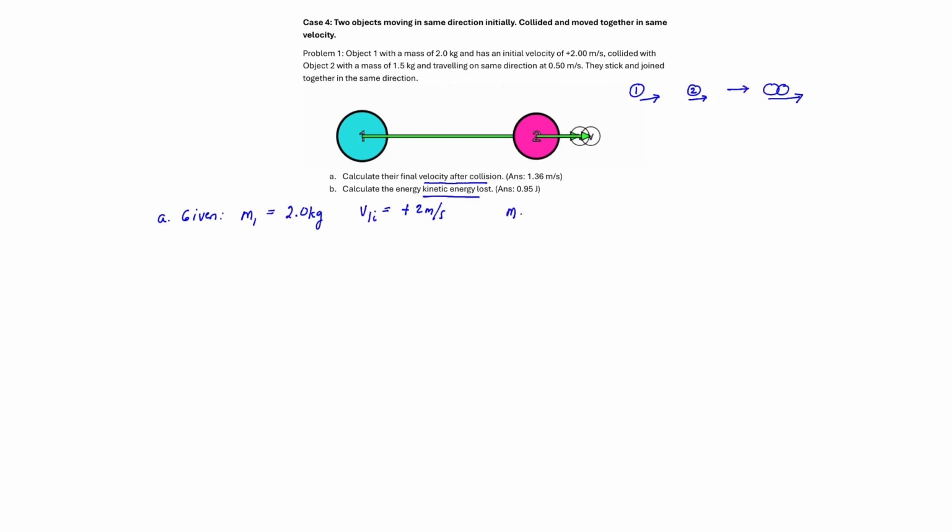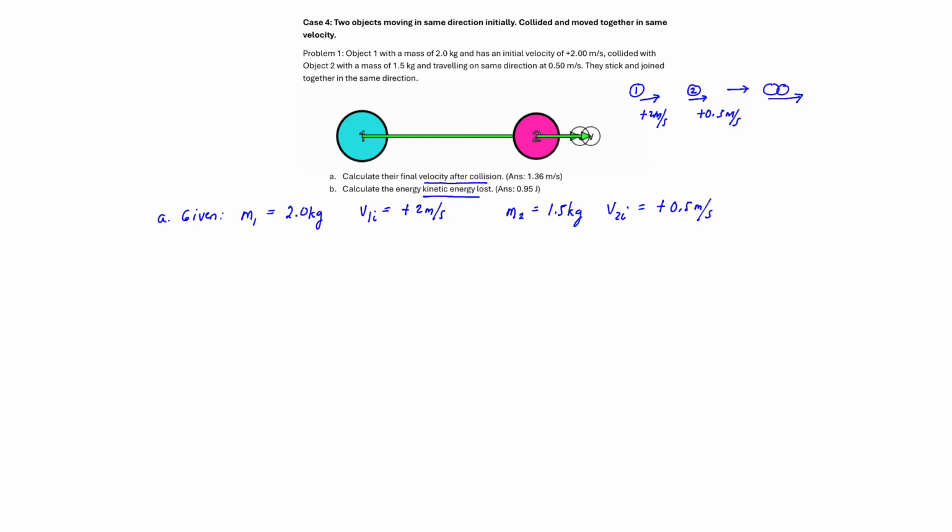And then for the mass 2, that would be 1.5 kilograms, wherein the velocity 2 initial condition is still positive 0.5 meters per second. Now take note that here, for the concept for case number 1, it is positive 2 meters per second going to the right, and then also positive 0.5 meters per second. So ball number 1 is faster than ball number 2, and so after that, they are going to collide.